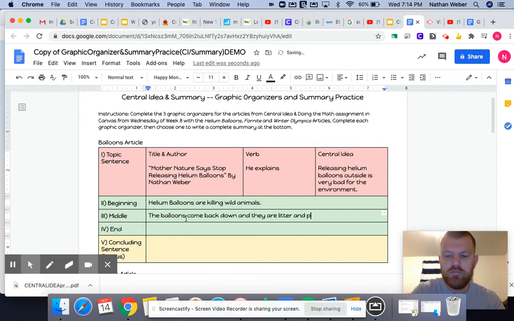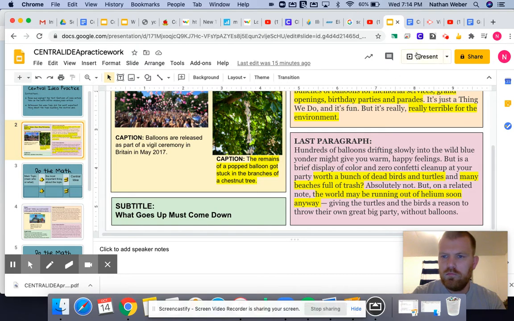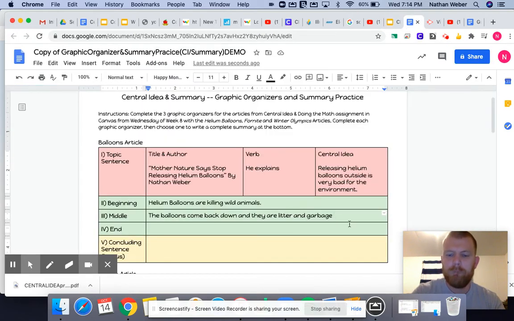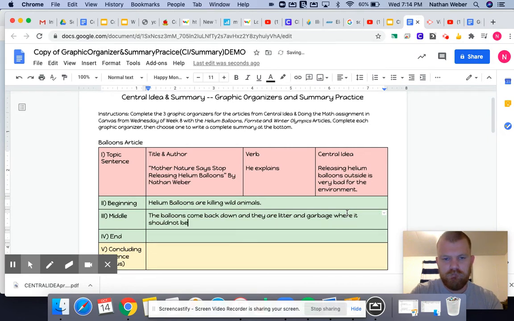I'm going to erase pollution. They are litter and garbage where it shouldn't be. We have our second detail. Both of these directly support that it's bad for the environment.